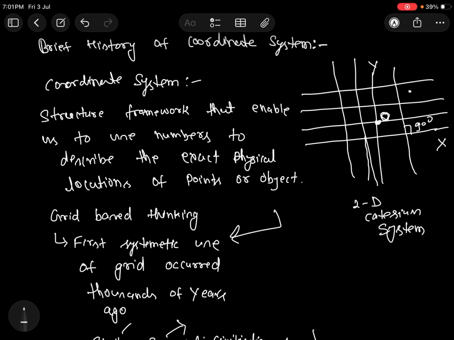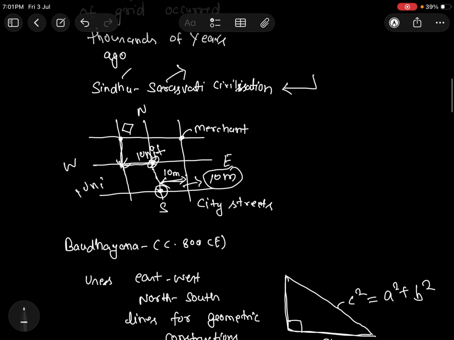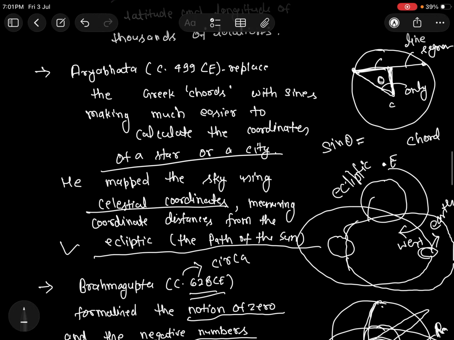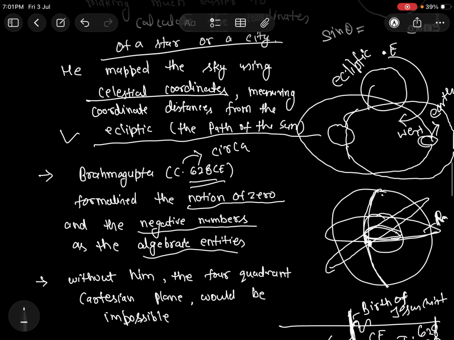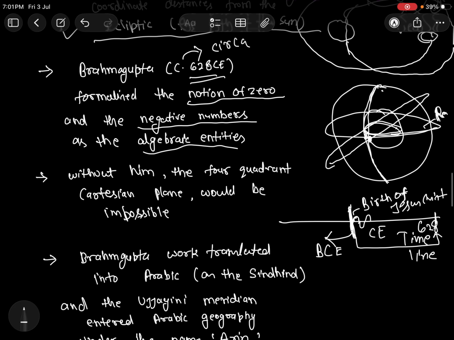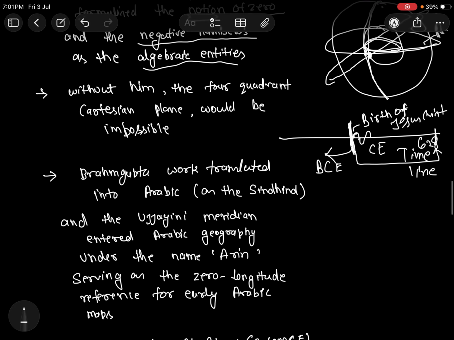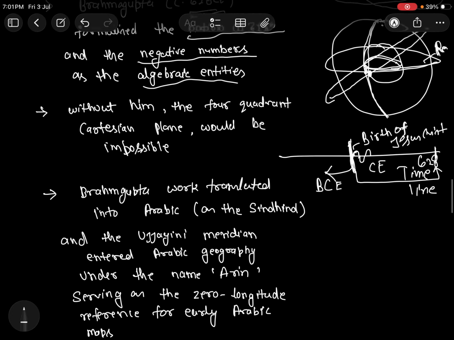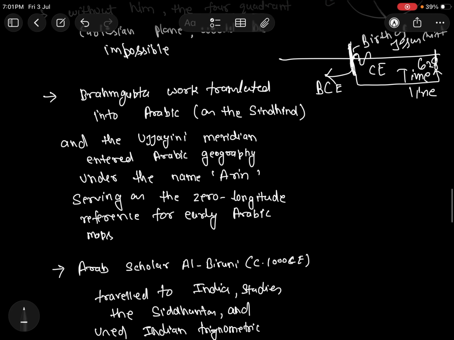Again, we have negative numbers to the left of the x-axis and negative numbers down the y-axis. Without negative numbers and without zero, it would not be possible to have a 2D Cartesian coordinate system. So it was also an important contribution to the development of the Cartesian coordinate system.